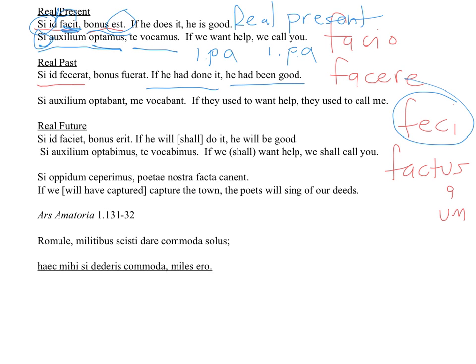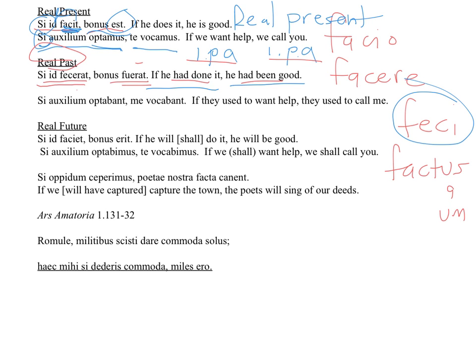You have the indicative pluperfect followed by the indicative pluperfect. That's not even the example I gave to you, but I wanted to throw this one in here so you'd be flexible enough to realize that the real past tenses, often called the simple past conditions, one follows the other. Just like an indicative present follows an indicative present, here's an indicative pluperfect followed by an indicative pluperfect. You translate the pluperfect as had done and had been.